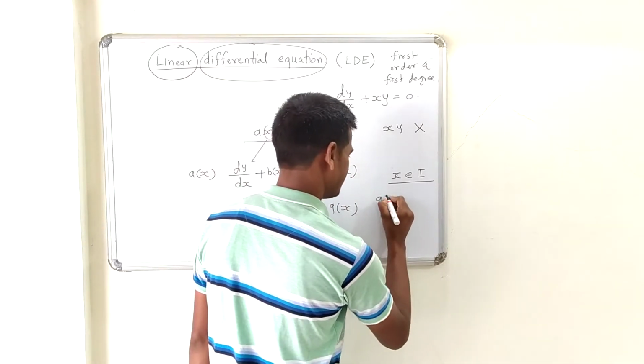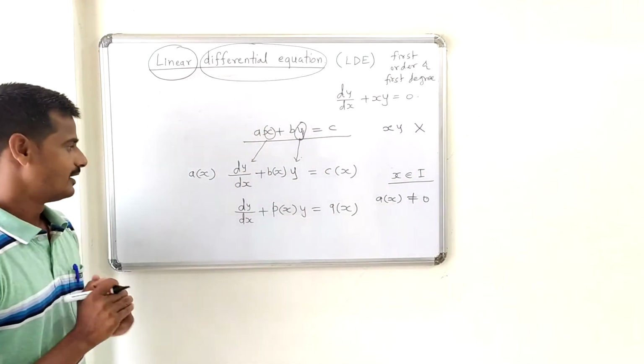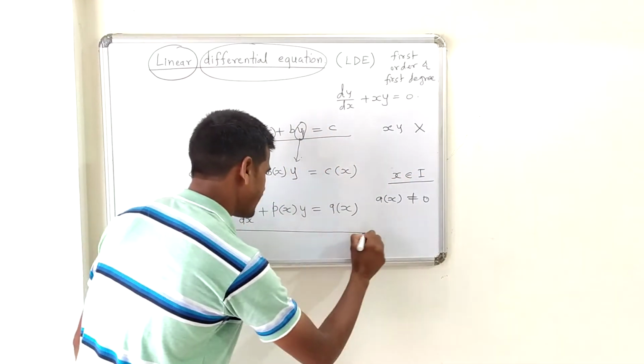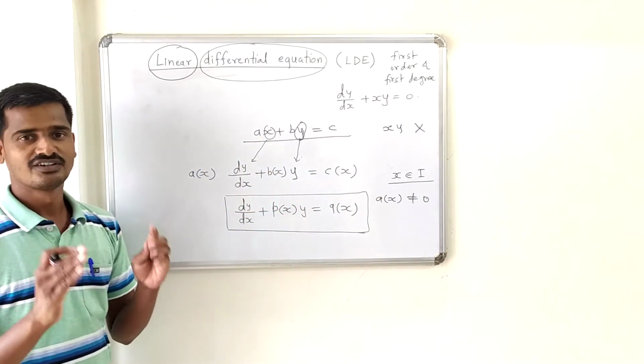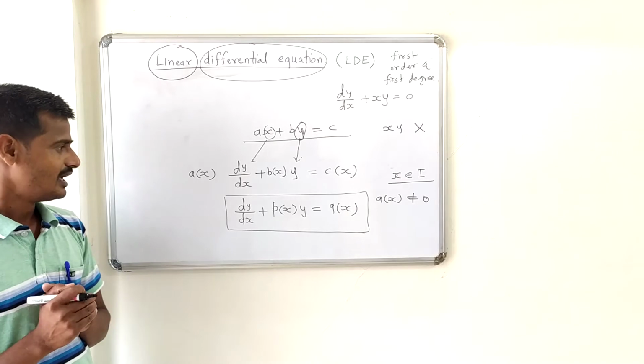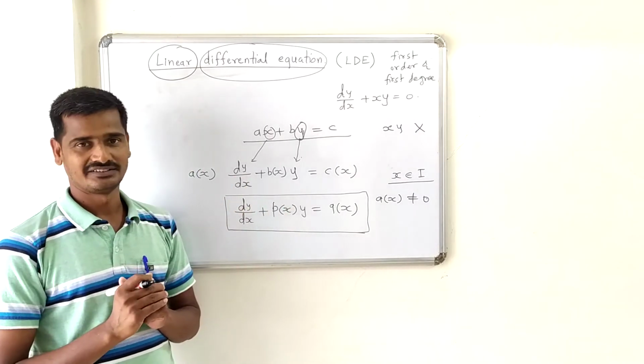We are assuming that a of x is non-zero as long as x belongs to I. This is the standard form of linear differential equation of first order and first degree, and we call this linear in y and dy by dx.